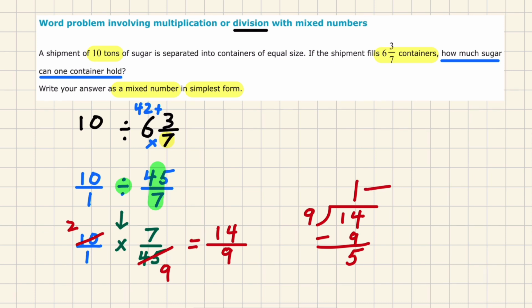This remainder is our numerator, and the denominator is still 9. 5/9 doesn't simplify. And looking back at our question, we were asked how much sugar can one container hold. The units here for the sugar is tons. So we would have 1 and 5/9 tons in each container.